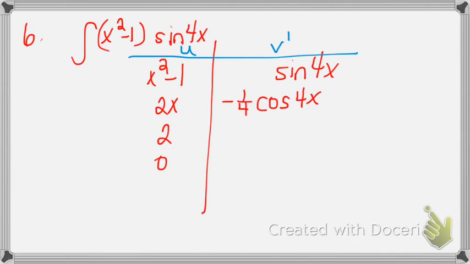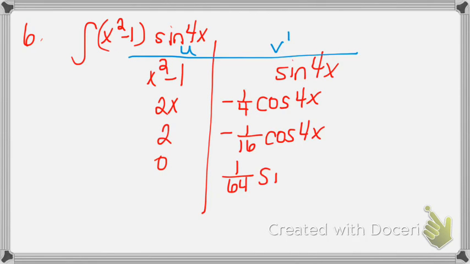And then the negative here would be 1/4 negative 1/4 times 1/4 cosine of 4x, or negative 1/16 cosine of 4x. And then the antiderivative of cosine is negative sine, so this sign changes again. Multiply by another 1/4.